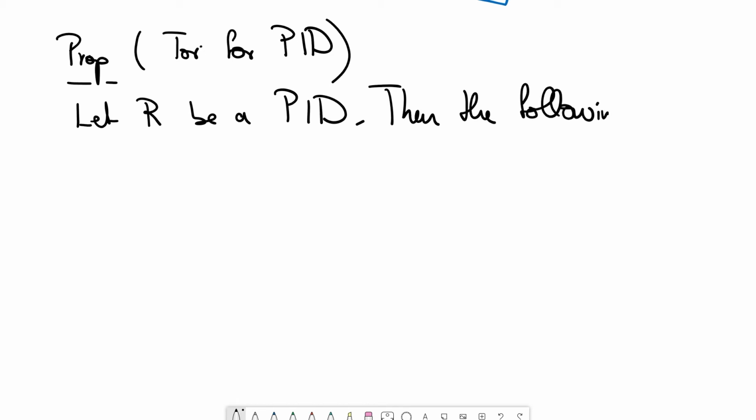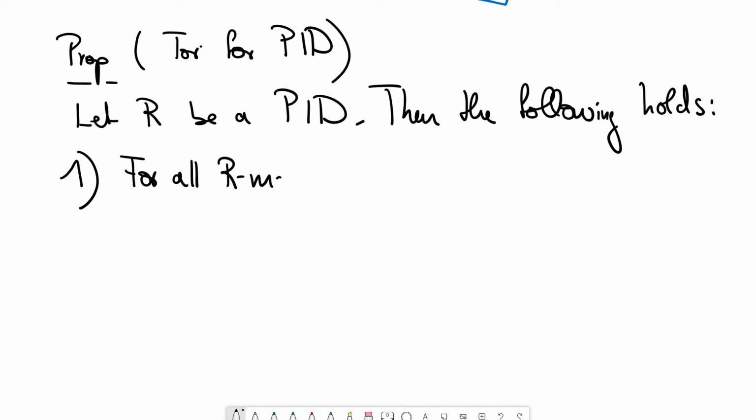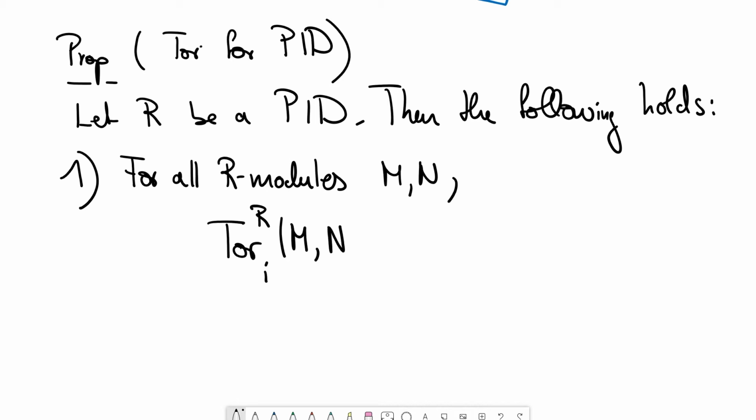Again, if you don't feel comfortable with this generality, just think of the ring Z. So for all modules, now we're in particular in a situation where R is commutative, so you don't have to talk about left and right. And it so happens that the Tor terms vanish in degrees at least 2. So there's only Tor 0 and Tor 1.